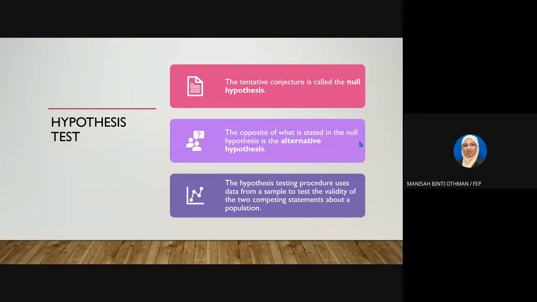Now I collect data from a sample of BBA students and then I test. The conjecture or assumption from the previous data that the average CGPA is more than 3.5, that statement we should put in the alternative hypothesis, not in the null hypothesis.